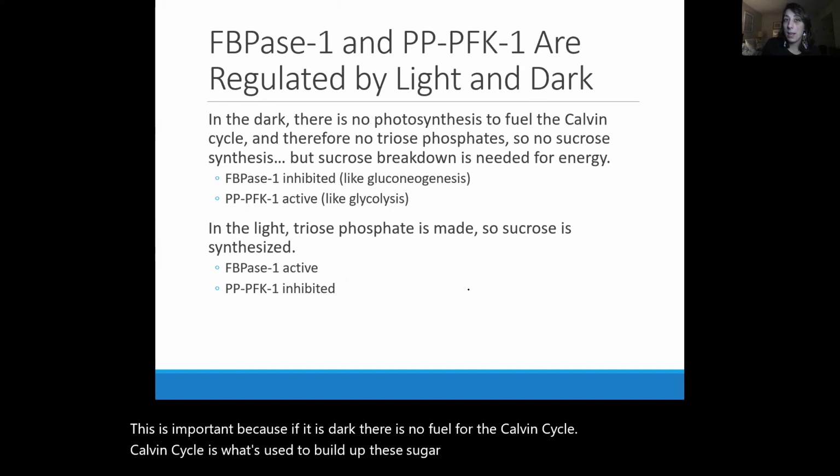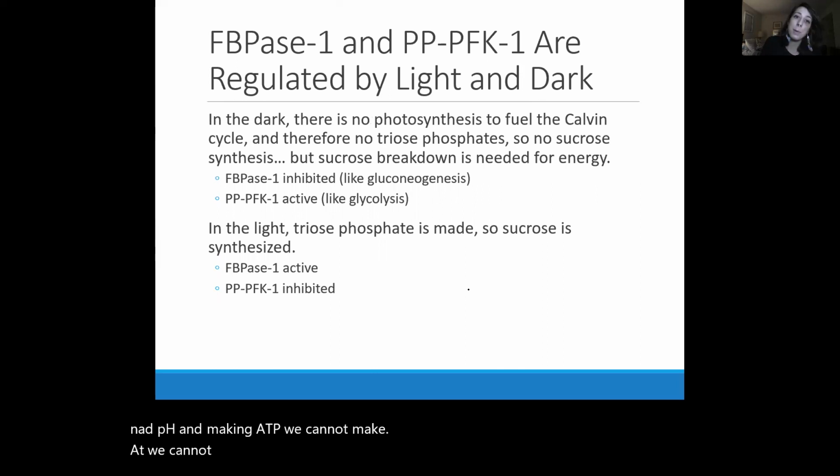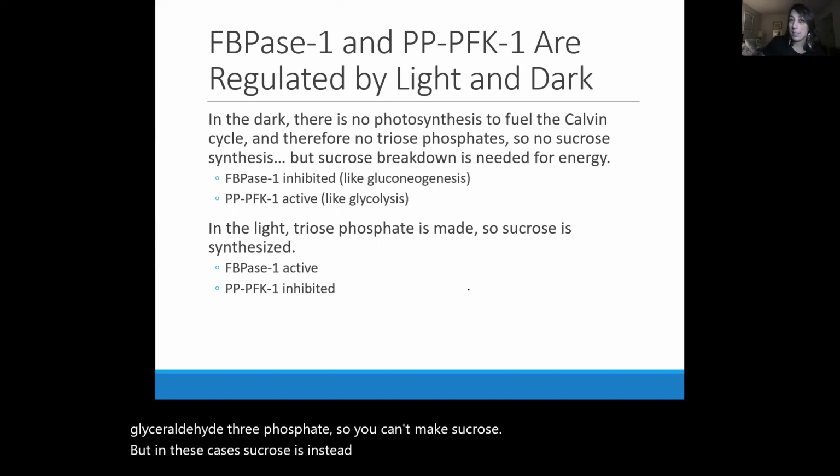But if there is no light making NADPH and making ATP, we cannot continuously fuel this very expensive Calvin cycle to continuously make glyceraldehyde 3 phosphate. So you can't make sucrose. But in these cases, sucrose is instead needed so that it can be broken down in the dark to use for energy.